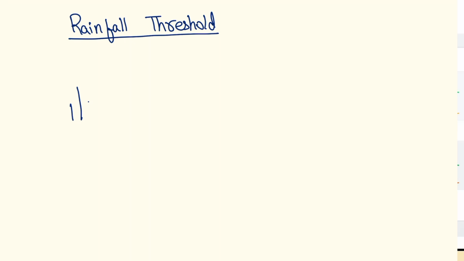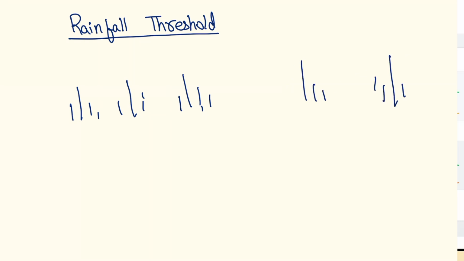To define the event in event detection, what we should do first is define a way to quantify the rainfall threshold. Let's say we have the time series of rainfall, and then we define a threshold, let's say 0.5 millimeter, because each impulse here means 15 minutes.